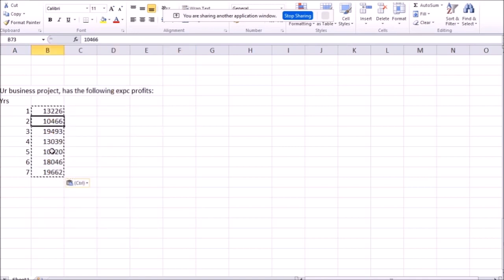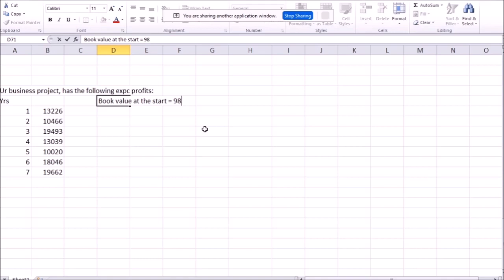Say something like that. These are numbers now, not formulas. And let's say book value at the start is equal to 98,000. Let's say book value at the end is equal to, for example, 18,000.